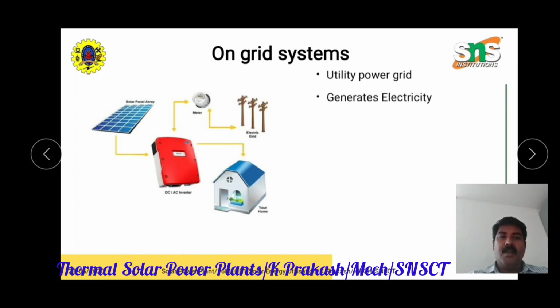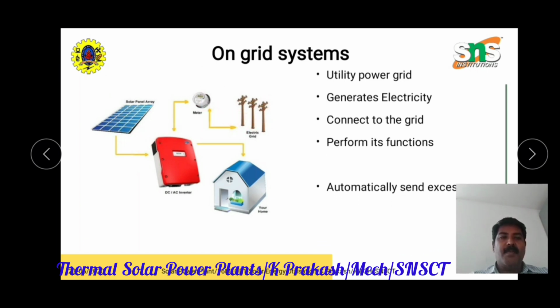We use the solar panel array to generate electricity directly, and this is connected directly to the grid, so it automatically sends the excess current towards the electric grid. So these are the on-grid systems.